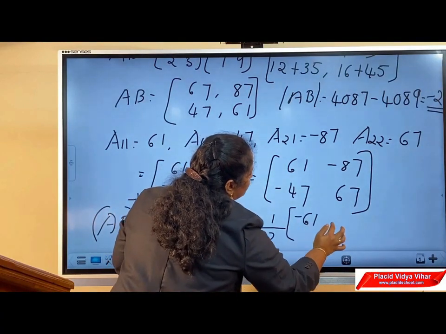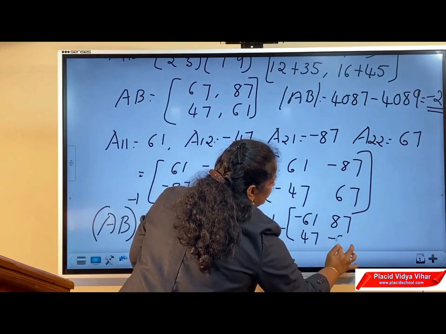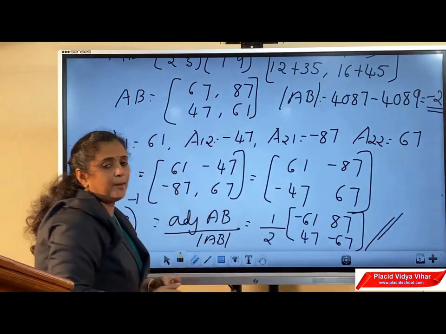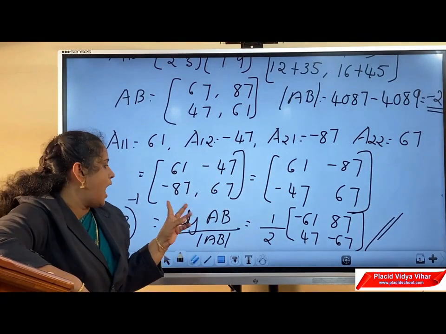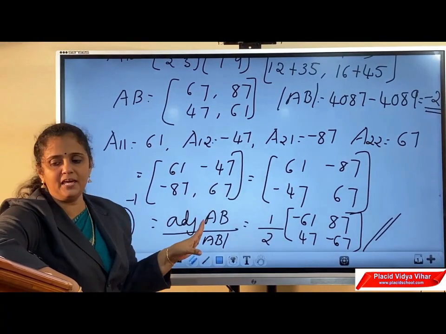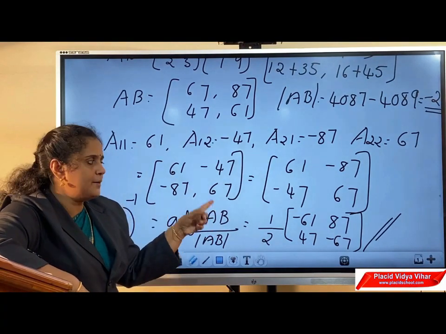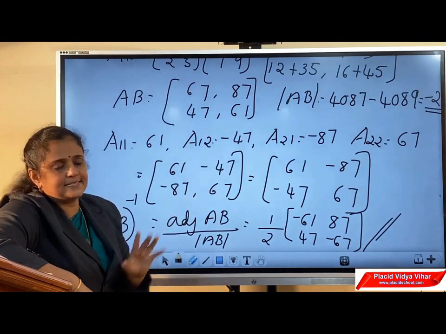Minus 61, 87, 47, minus 67. That is AB inverse. We got the answer 1 by 2 into minus 61, 87, 47, minus 67.